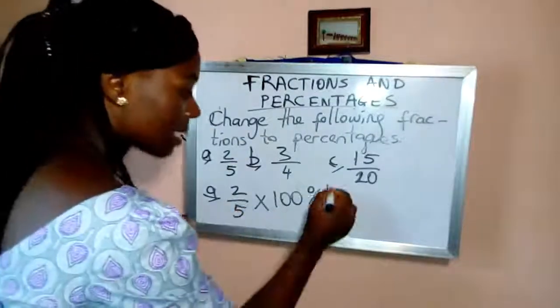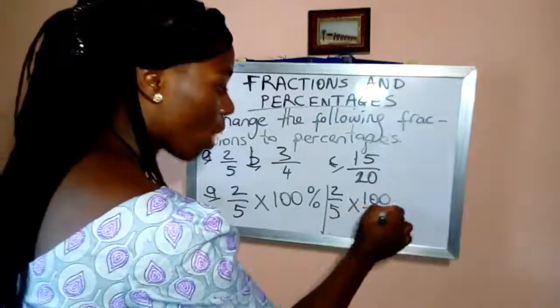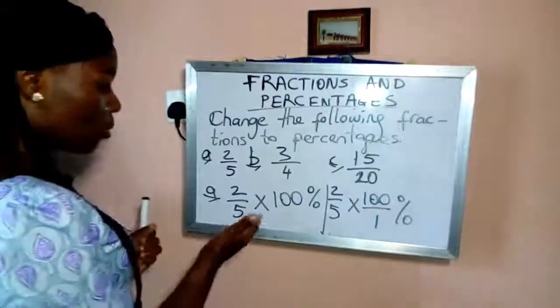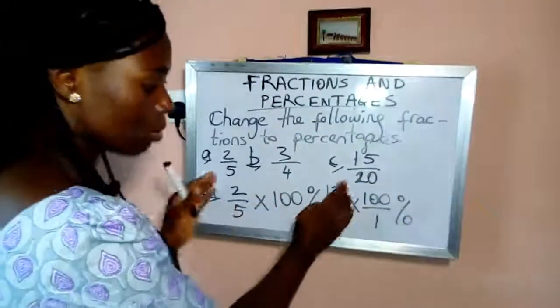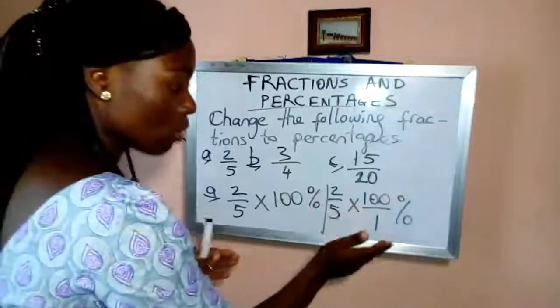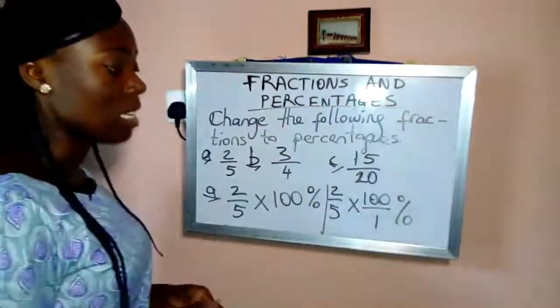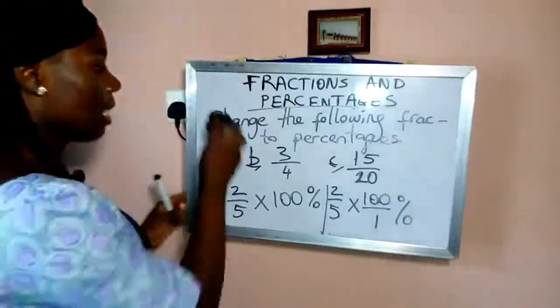So we can rewrite this as 2/5 times 100/1%, to avoid confusion, so that somebody will not say this 100 can come below. You just arrange it 2/5 times 100/1%. Now, since it's like this, I can easily cancel out.